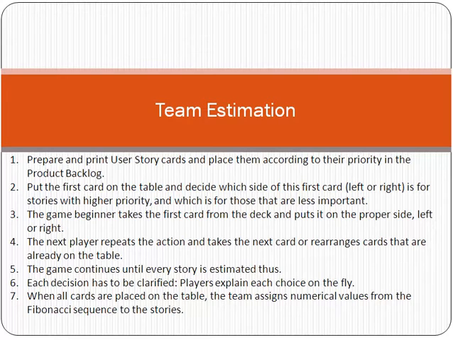The next player repeats the action, takes the next card, and rearranges cards that are already on the table. It will continue so that we can reach some consensus within the team. When all cards are placed on the table, the team assigns numerical values from the Fibonacci sequence to the stories. Friend, this is called the concept of team estimation.